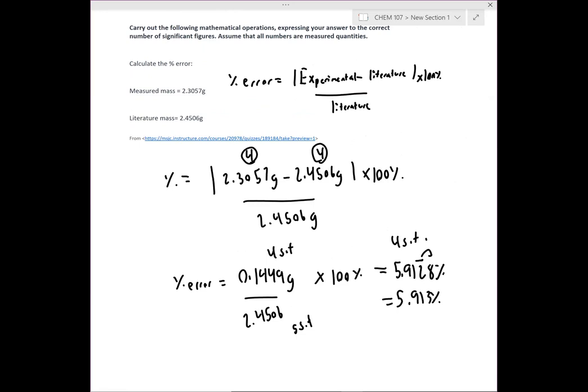So the bars on the side of 2.3057, it just means absolute value, which means our percent error will always be a positive number. Gotcha. And so when we put that in the calculator, should we use the parentheses? Yes. Okay. Professor, you said that was 5.913%? Yep, 5.913%.